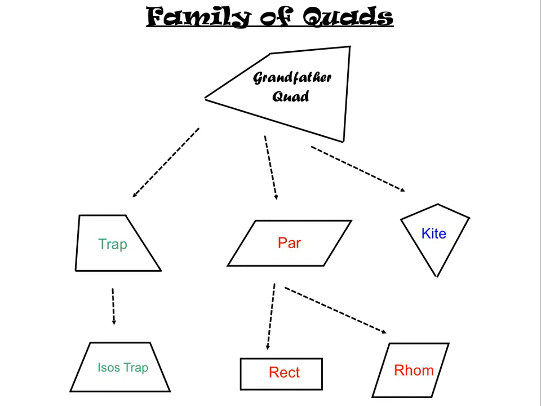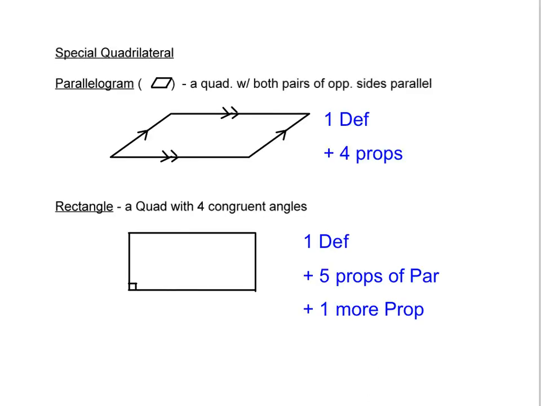Parallelogram had twins, rectangle and rhombus, and you can't see it in my slide, but rectangle and rhombus, they begat square. We'll talk more about that in class, I promise. So, special quads, I'm just going to run through these, make sure you have these things, and in later chapters we will actually talk more about the proofs, but it is important that you know all these words.